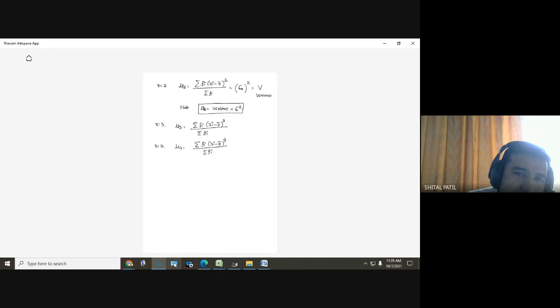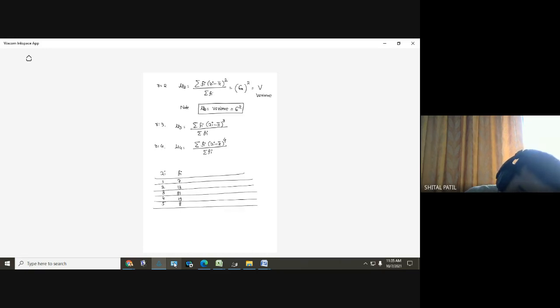But you might have observed that finding xi minus x bar is laborious. Say xi is 1, 2, 3, 4, 5 and the frequencies are 7, 13, 81, 19, and 8, and our aim is to find central moments, say mu 2. For that, xi minus x bar is required.